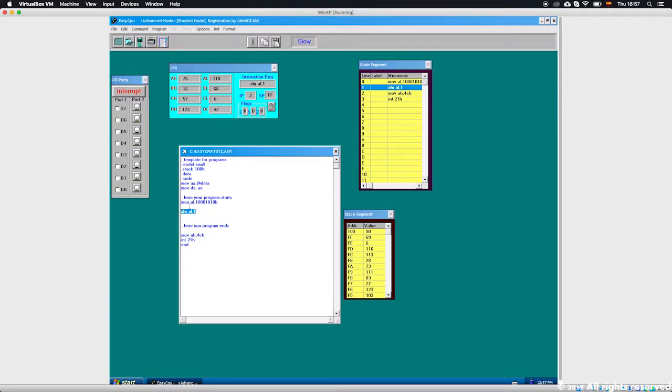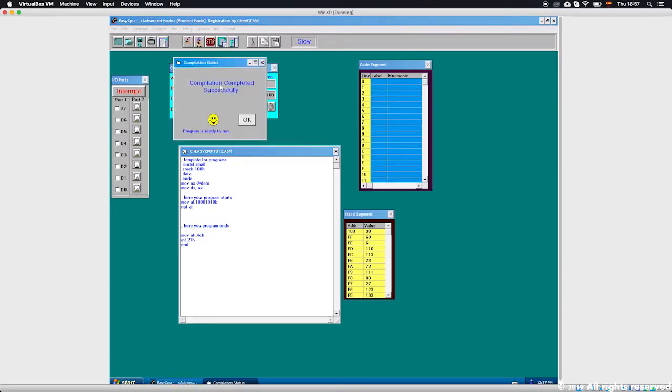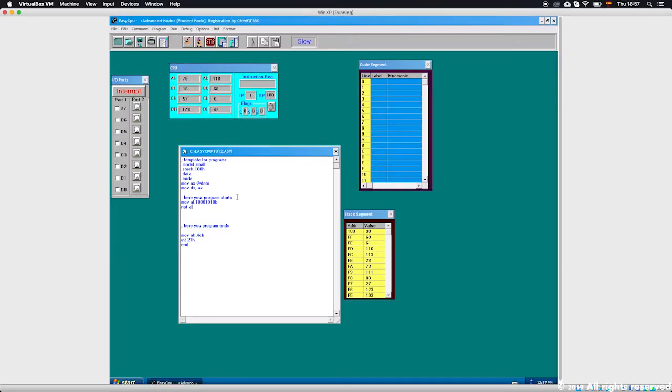Let's take this out, and let's tell it that we want not AL. I'm not absolutely sure if this will compile, but it will. Not AL will turn the number around. It will put a 0 where there is a 1, and a 1 where there is a 0.